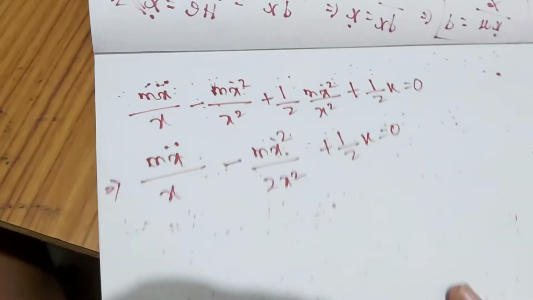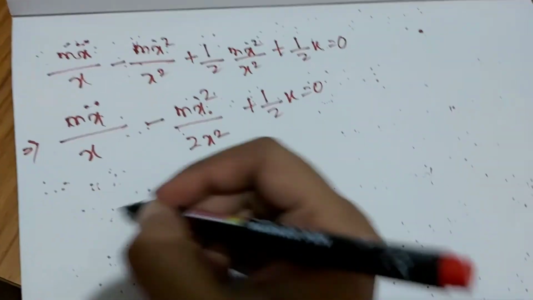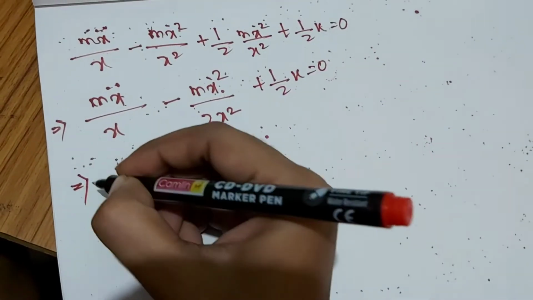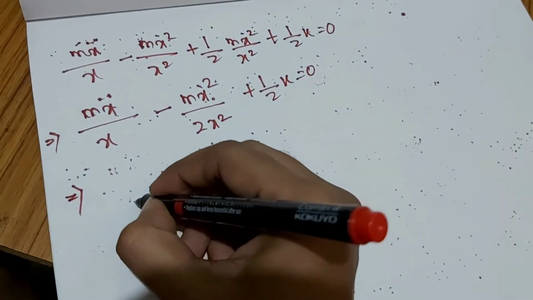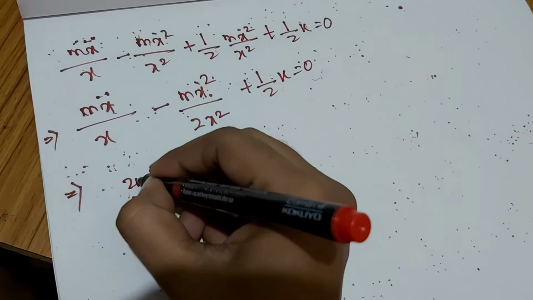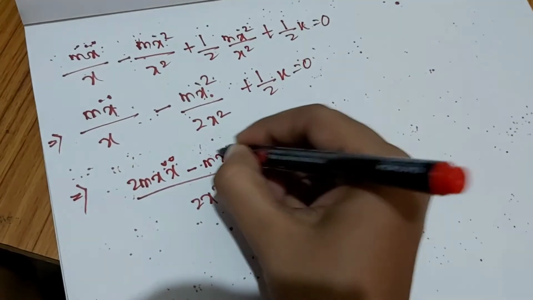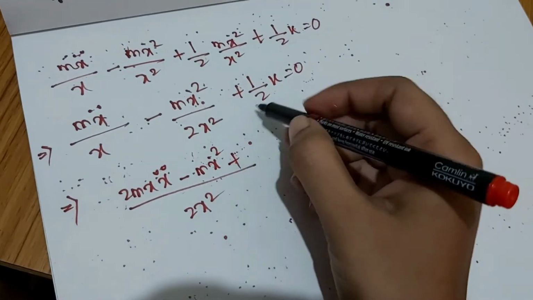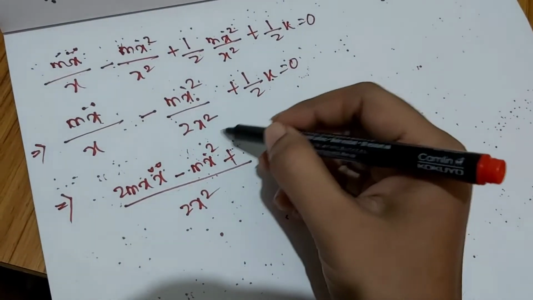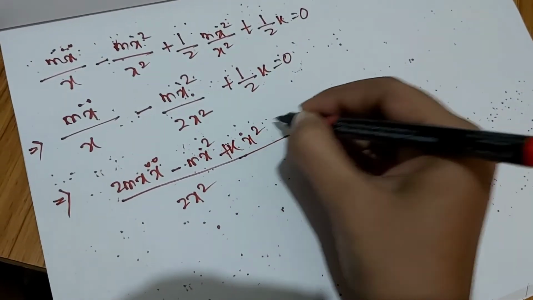Okay, so actually we have to see the options, and by seeing the options I will arrange here. If I take 2x² common here, I will get 2m x ẍ minus m ẋ² plus, half k, or 2 is already there, so I will take x², so this becomes k x² equal to 0.